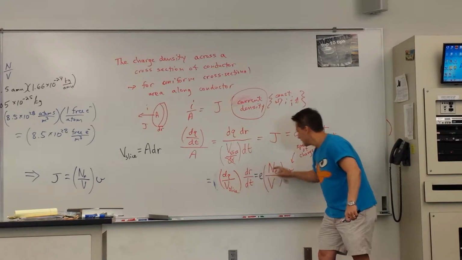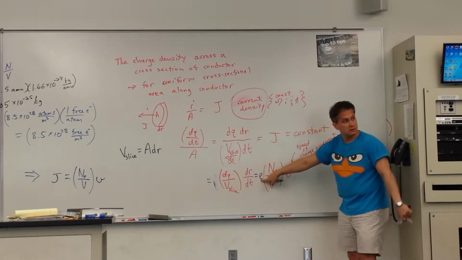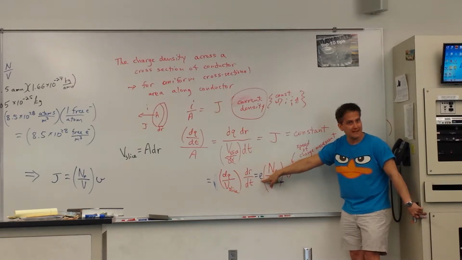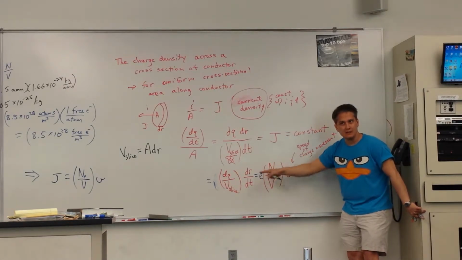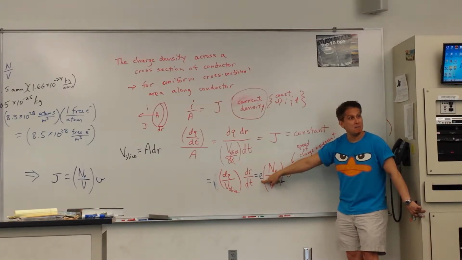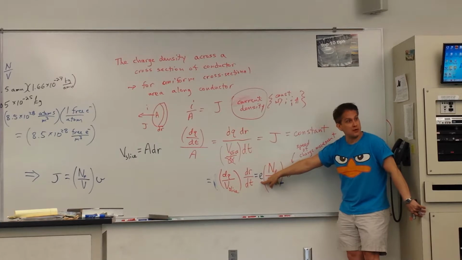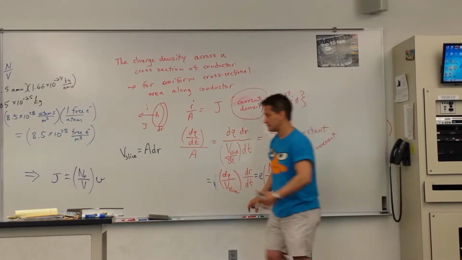So I need charge density times each individual charge. Kind of like saying mass times atomic density would be the mass density. So this is number of atoms, this is electron per atom. Or this is the number of charge carriers, this is the charge per carrier.